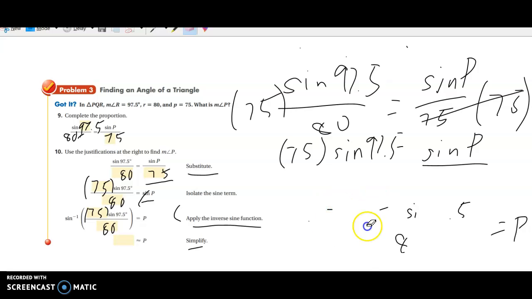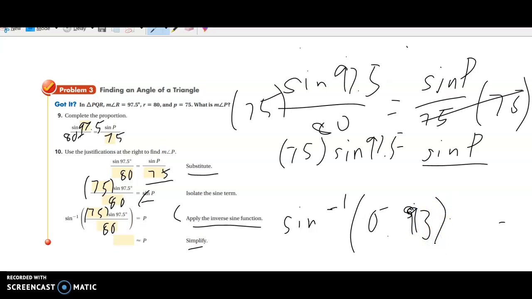And if we apply sine -1 to 0.93, that would approximately equal 68.4. So P is congruent to 68.4. And that is how you solve for the measure of angle P.